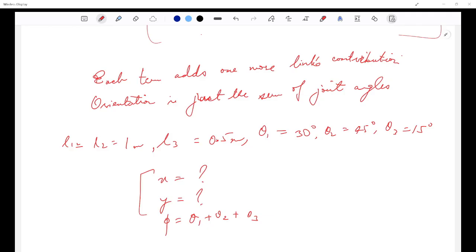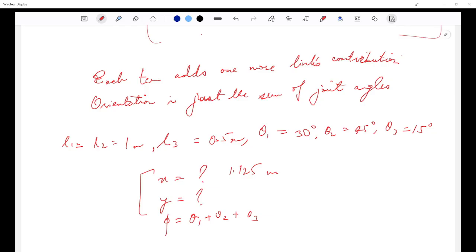X is equal to 1.12. Okay, that's correct. So in the third place, I think you can have 2. And what is y? 2.46.